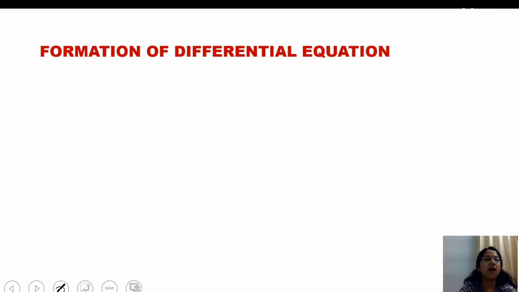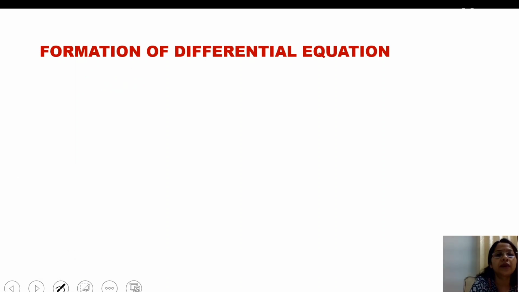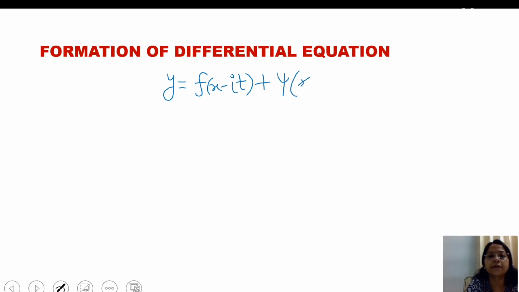Suppose we are given y is equal to phi of (x minus iota t) plus psi of (x plus iota t), where x and t are the independent variables on which y depends.